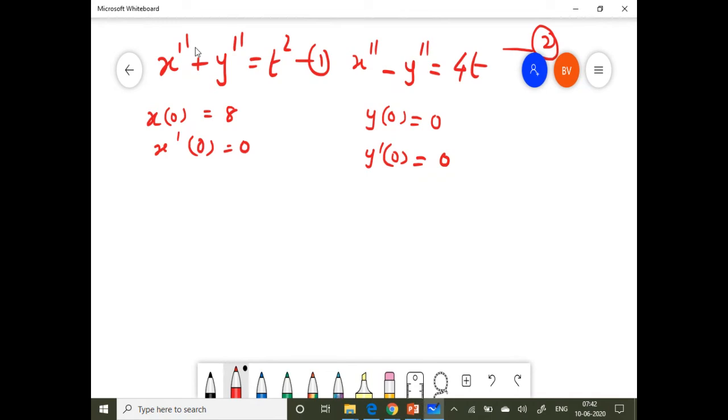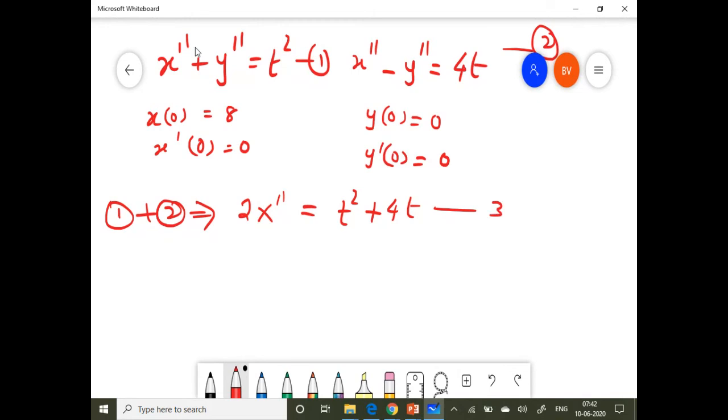Sum them up. Equation 1 plus 2. You get 2 times x double prime. Negative y double prime plus y double prime will be 0. And the right side t square plus 4t.